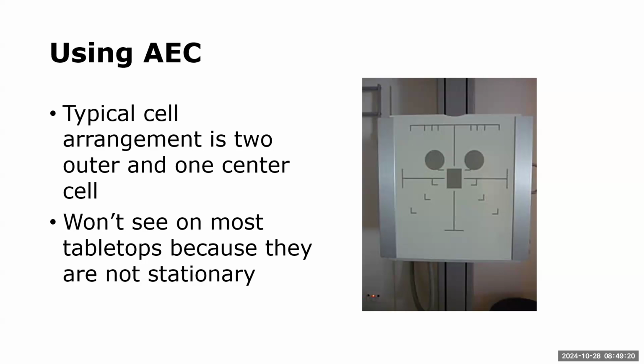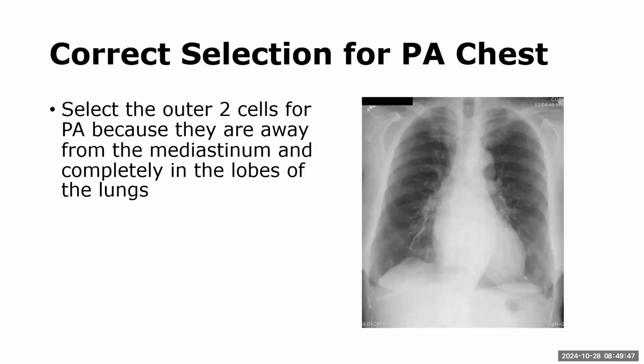So they're not going to put pictures of the photocells on the tabletop because you could have that tabletop slid all the way to the top or all the way to the bottom. You will see them on the wall bucket because that doesn't change. The top of that doesn't move. That whole thing moves as one piece. That's why you won't see pictures of the photocells on the table.